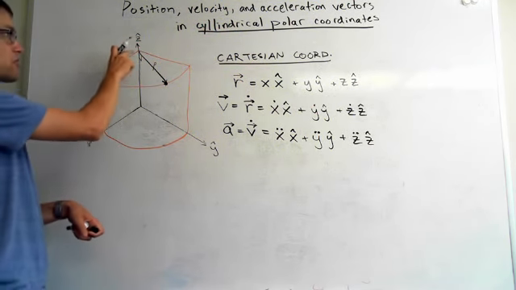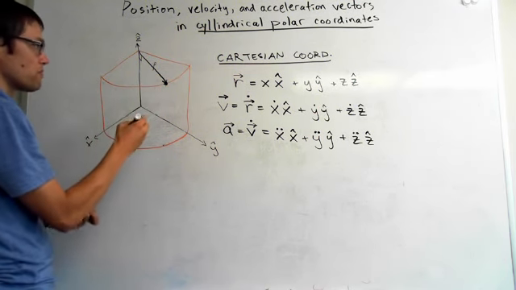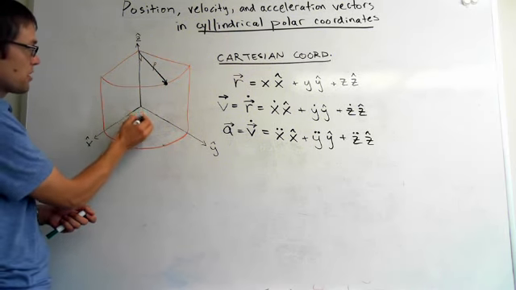So it's a line that goes straight out from the z-axis to the point, and the length of that line is the coordinate rho. Let me draw that projection of that line on the xy plane here.